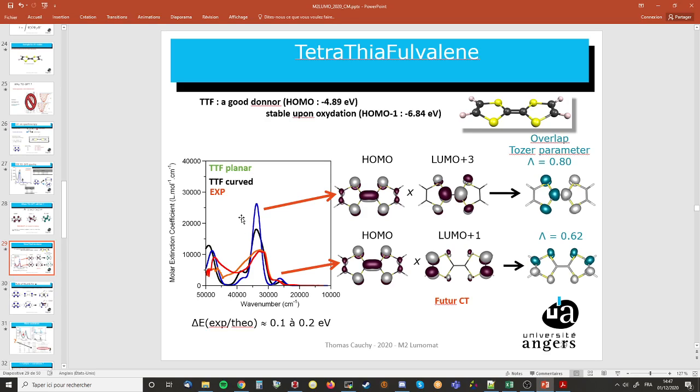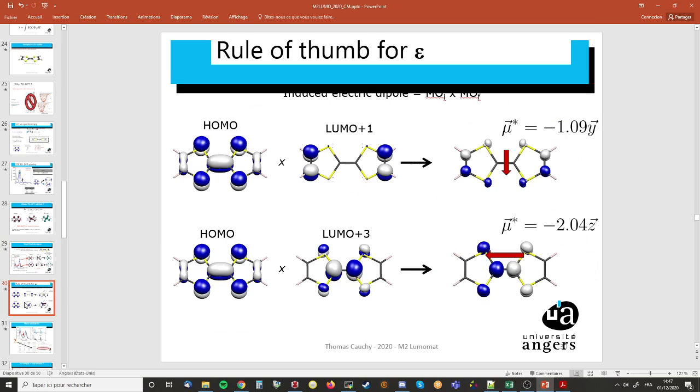Okay? So for the first part, the overlap, we can understand why this transition is more intense by looking at the Tozer overlap, but we can also look at what is happening for the electronic dipole. So in this case, you do the product. Here, for example, you have white multiplied by blue-white. White and white, it's blue. White-blue is white.